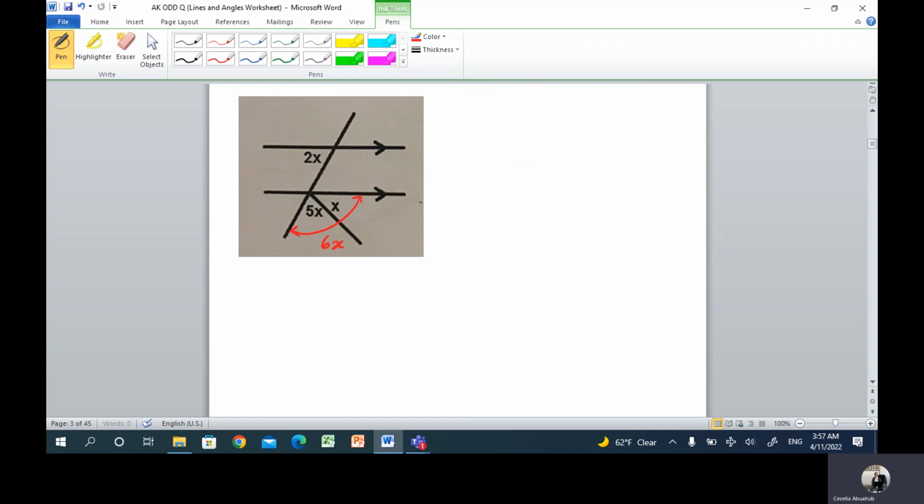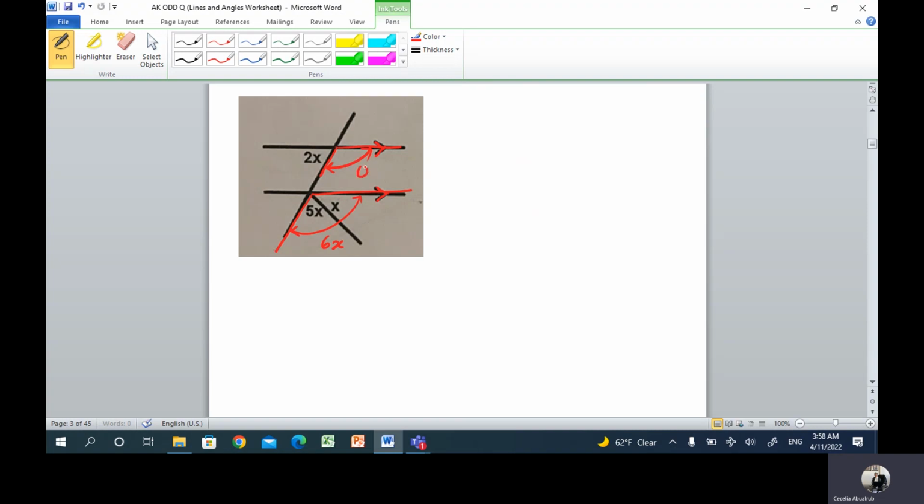If those are parallel lines, as you can see here, if this is an A angle, then this one is an A angle, which means they're corresponding angles.